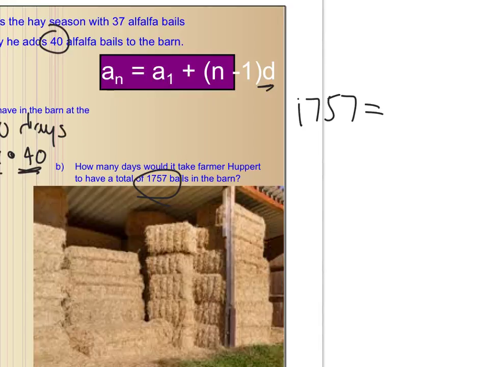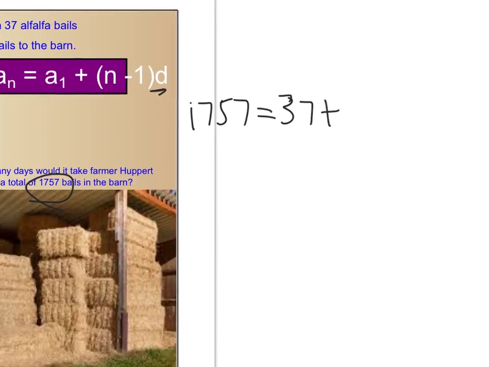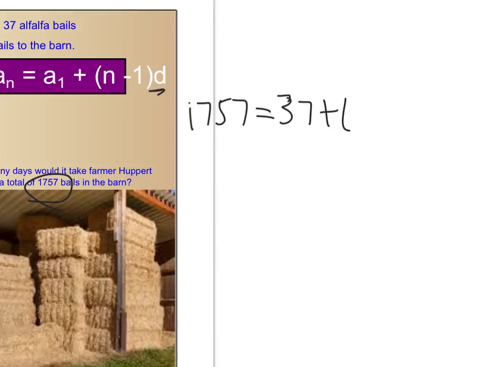I know that I start off with 37 plus n minus 1 times the common difference. Sorry, d is not going to be my variable, n is going to be my variable. Common difference is going to be 40, where n is the number of days.